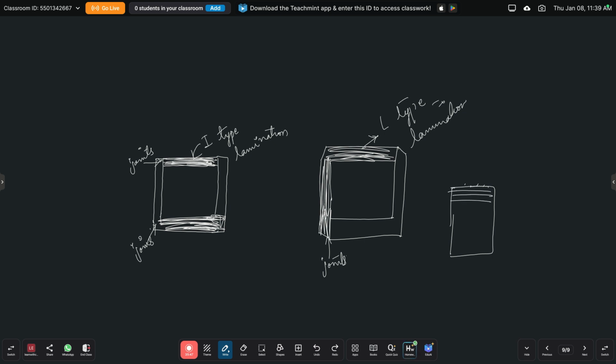These are the rectangular shapes, different cross sections. Here we are going to represent a square shape also, like this. These are the cross sections.